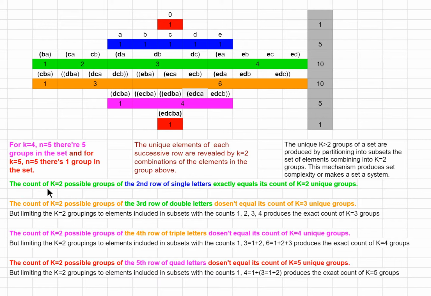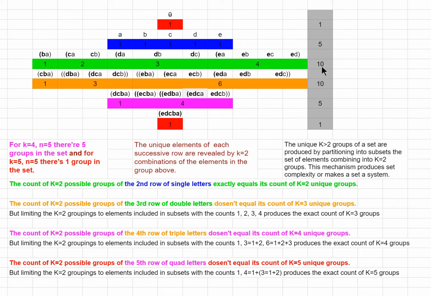The count of k equal 2 possible groups of the second row of single letters exactly equals its count of k equal 2 unique groups.